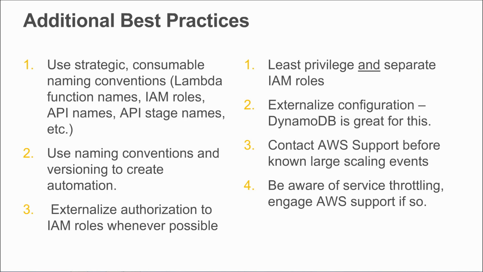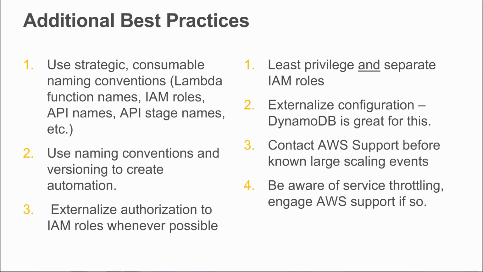The last one I'll leave you with is the IAM roles. Decouple your security wherever possible and externalize any authorization you can to IAM. Your developers, who in your environment may not be the party responsible for IAM roles and managing credentials, get the ability to write completely security-agnostic code, while the folks on your team who do manage creation of roles, and what those roles have permission to do, can define the security posture of the application external from the code.